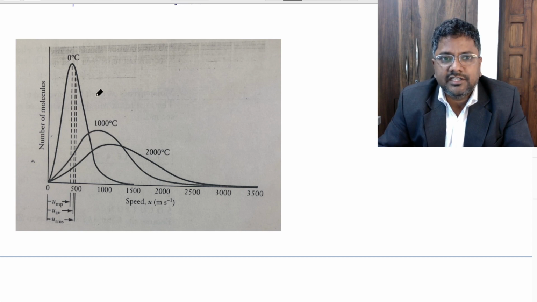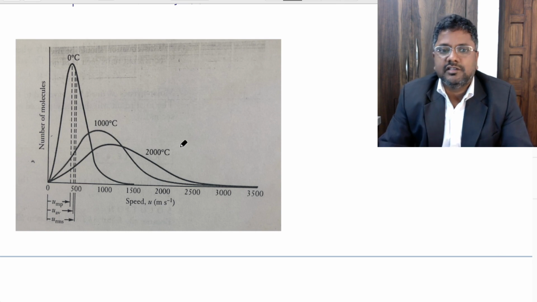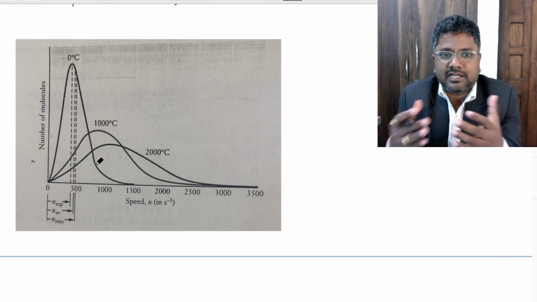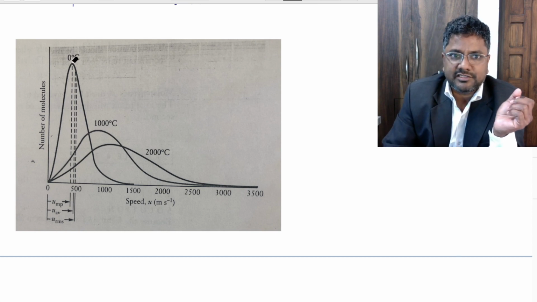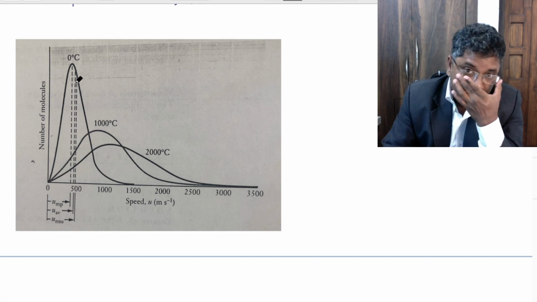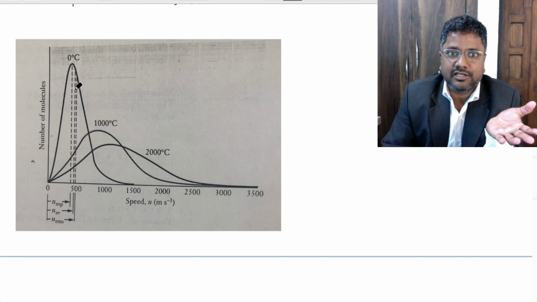And as we increase the temperature, the speed of gas molecules increases. You can show this on the graph at a given temperature. This is for nitrogen gas molecules at 0 degrees Celsius and 1000 degrees Celsius.